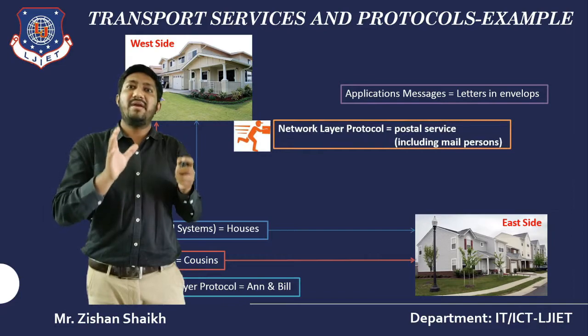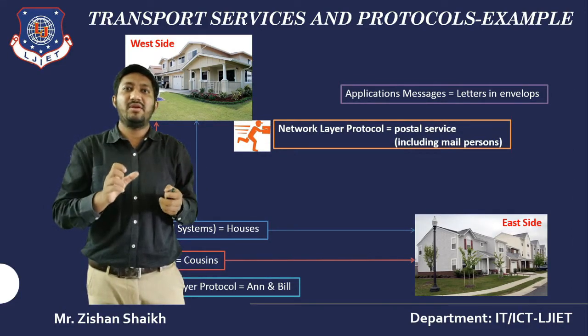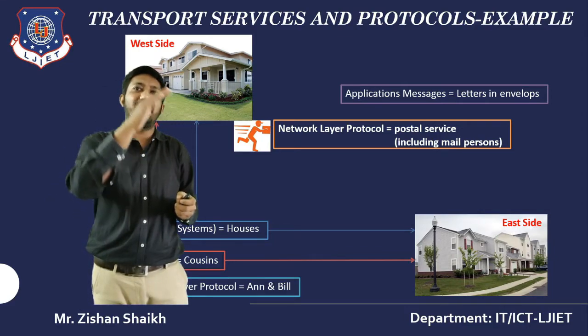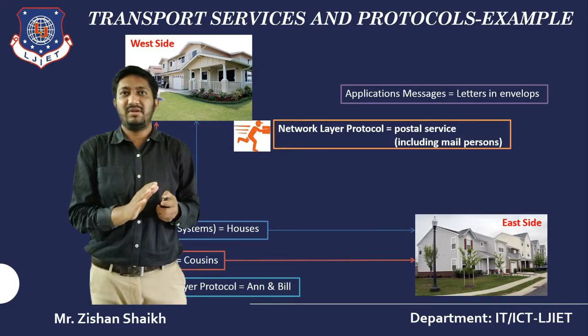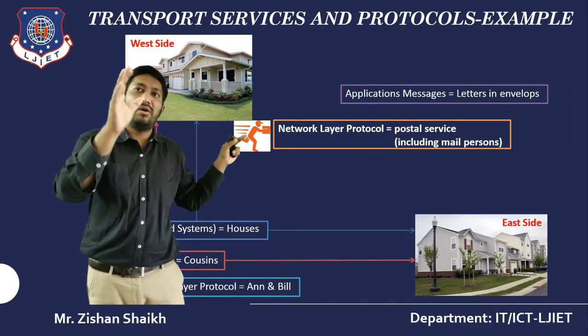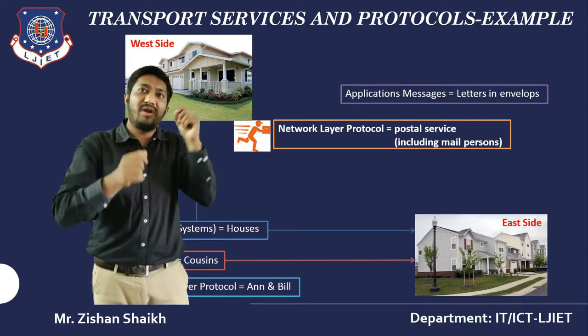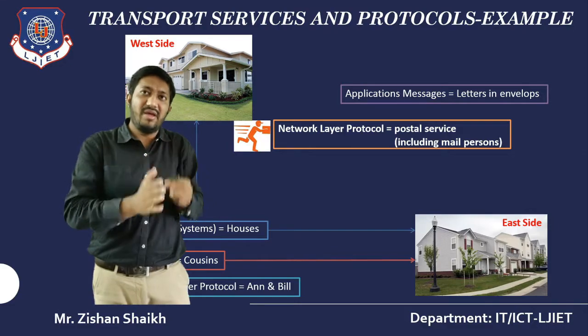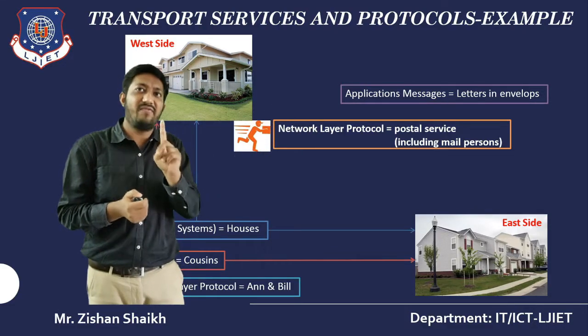And here are the network layer protocols. How does the network layer work here? When our message is transferred by the postal service from source to destination, they only know the route and the host. They do not know what the letter is, or for whom the letter is intended. So that is the difference.